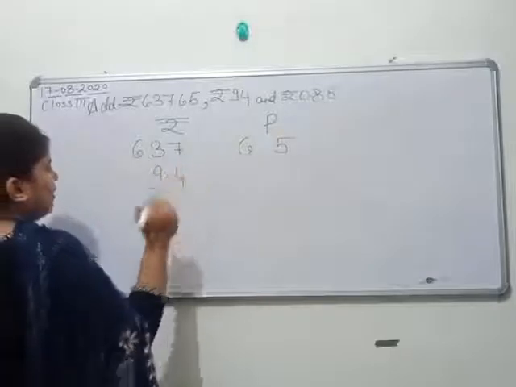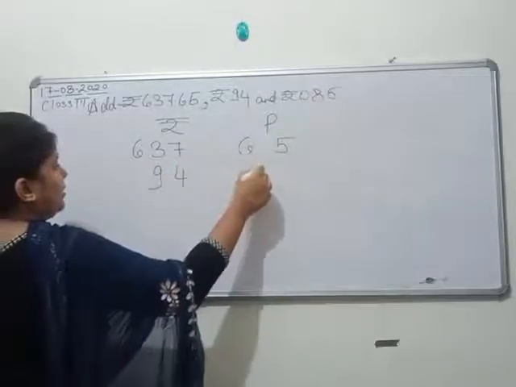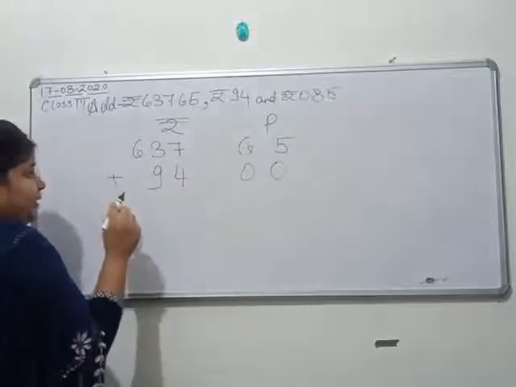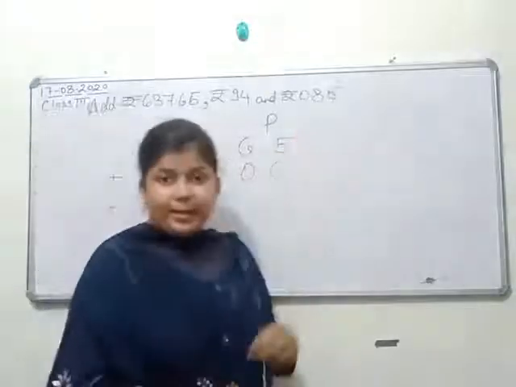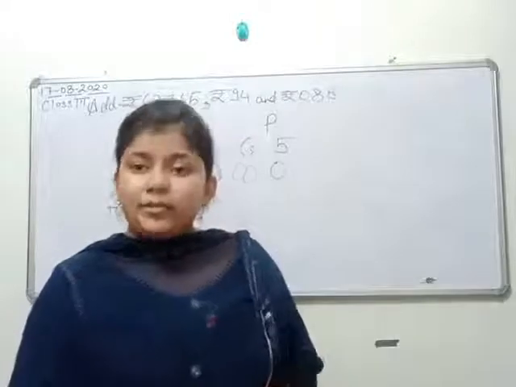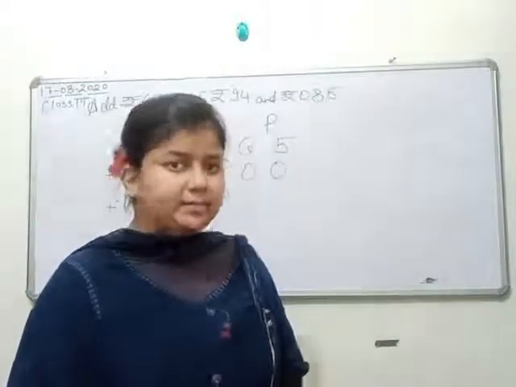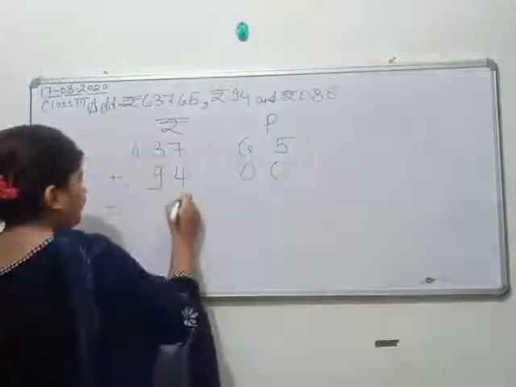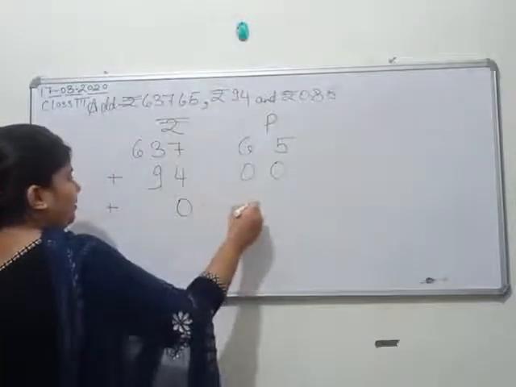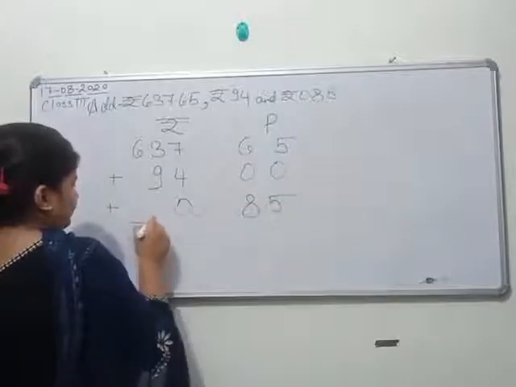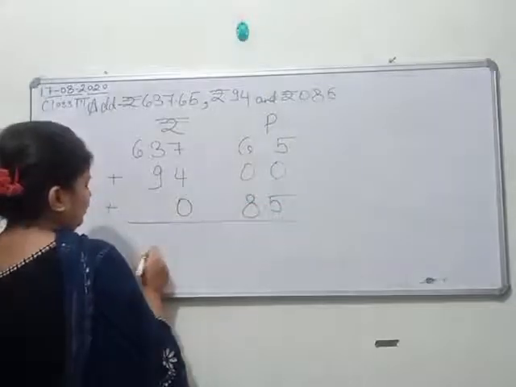So we'll write just 94 and 00 paisa. Next here 85 paisa is given. 85 paise means 0 rupees and 85 paise. So we will write 0 rupees and 85 paise.